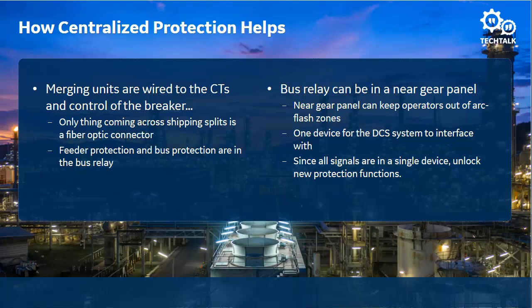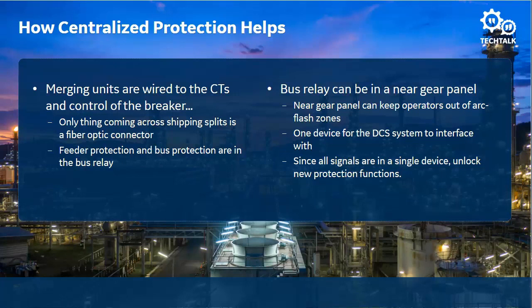It can become a single device that can act as a communications concentrator or a data concentrator. So if I have a DCS system, that one DCS system can control the entire switchgear through that one relay. Or if we need to have redundancy, it can control it through the two relays.